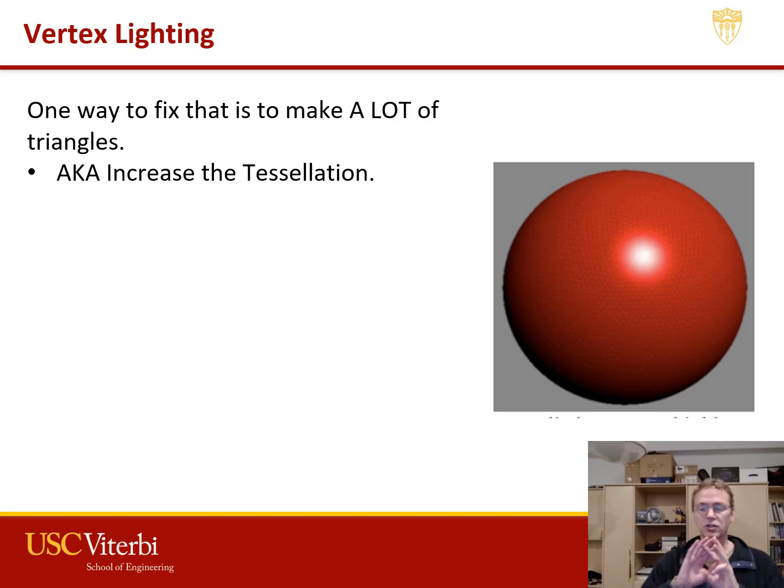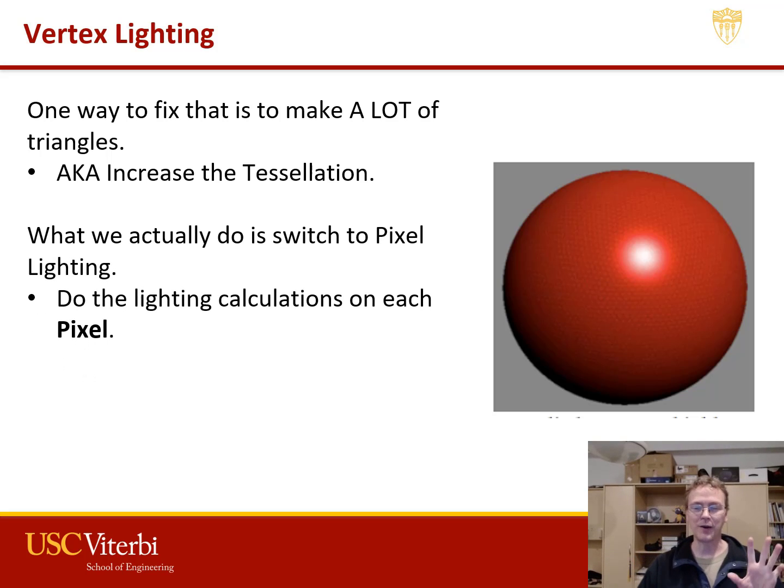It's because this is just like a million triangles. So by having so many triangles, we can see what the highlight is supposed to look like now. It's supposed to look very round, and we get this nice clean round thing because we have so many vertices, right? But that isn't really what we're going to do.